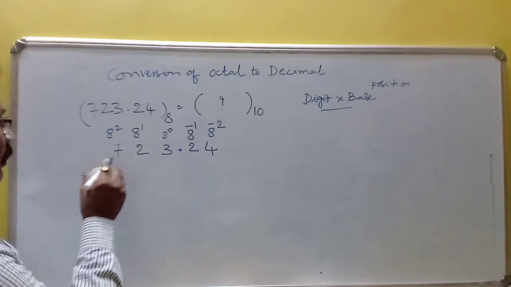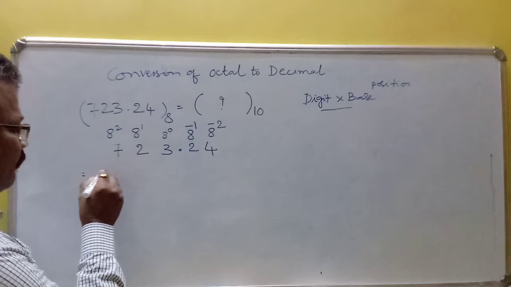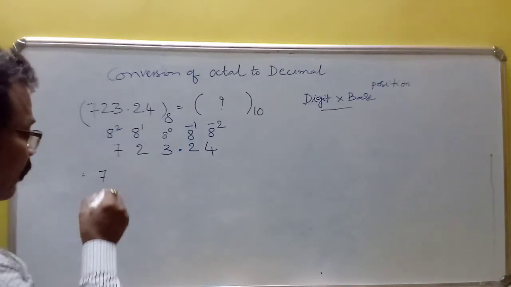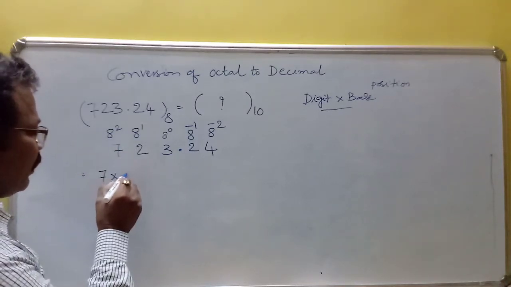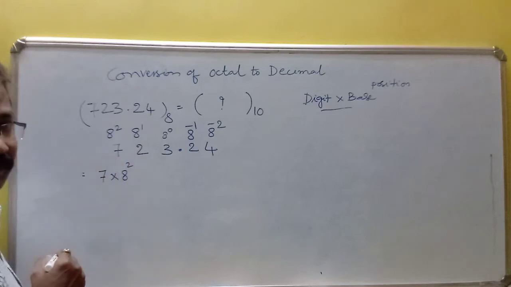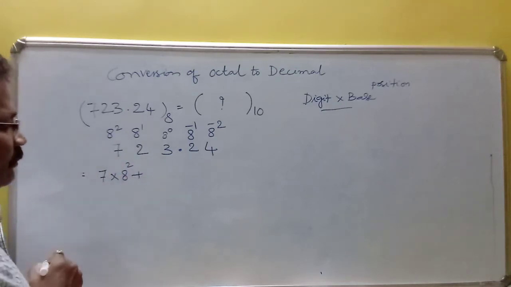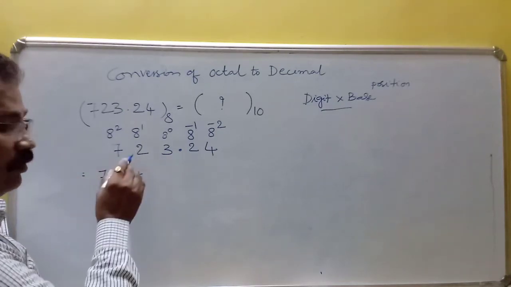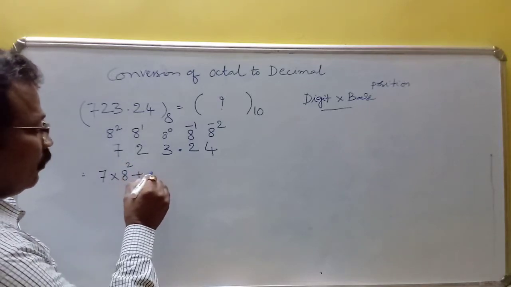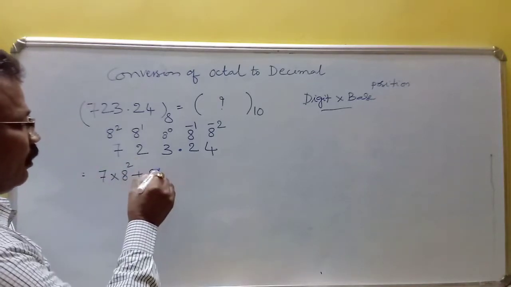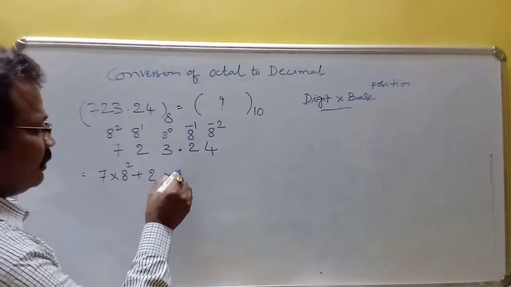That is, here what is the digit? 7 is the digit, and its positional weight is 8 to the power of 2, plus 2 is the digit and its positional weight is 8 to the power of 1.